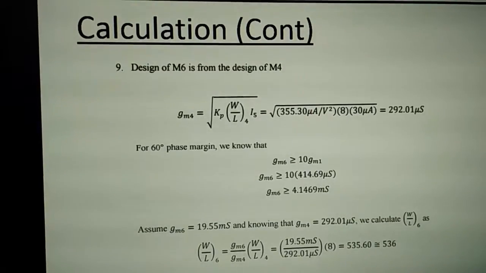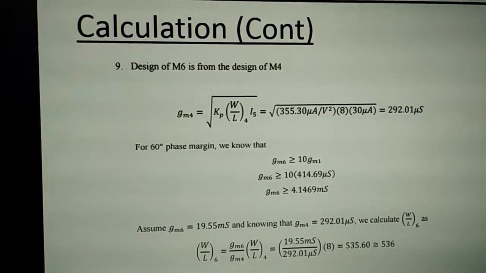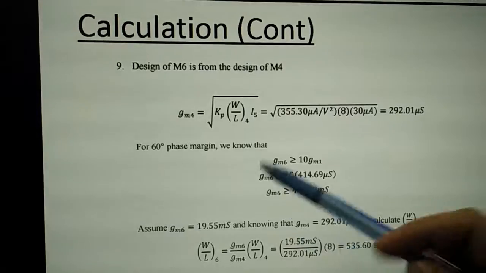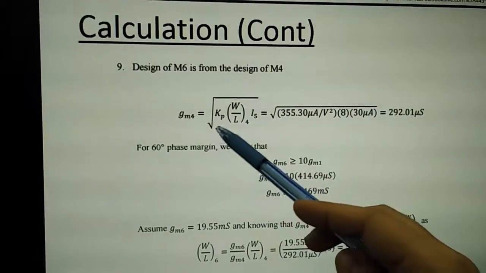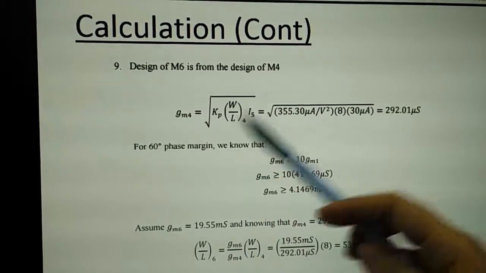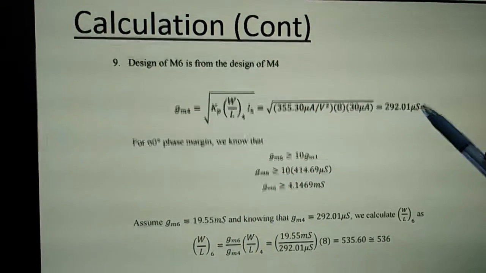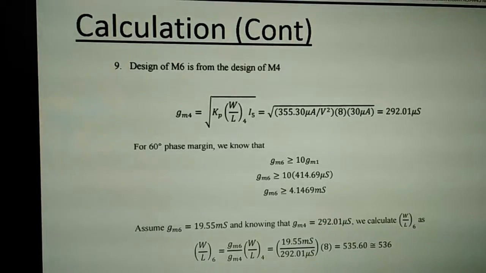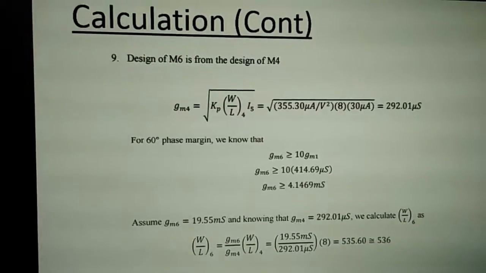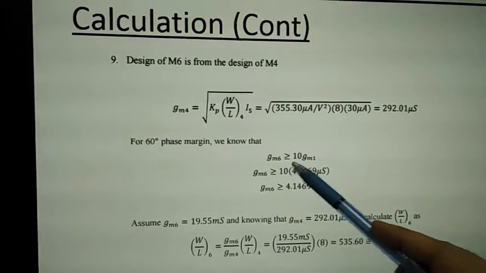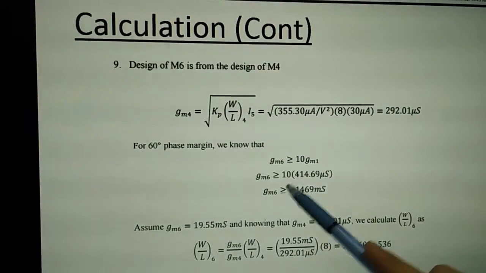This is the M6 parameters. For M6, from GM4 we get GM4 equal to 292.01 microsiemens, and then for a 60-degree phase margin we know that GM6 is more than 10 times GM1.